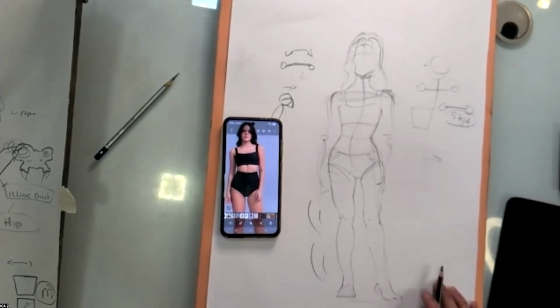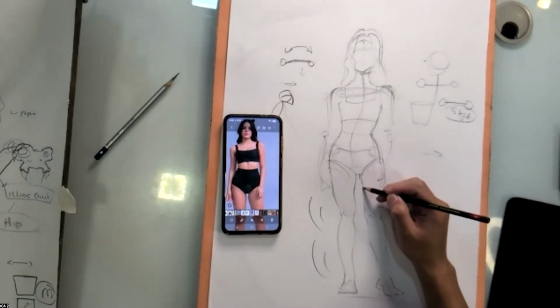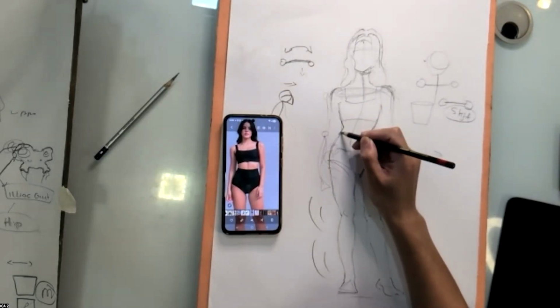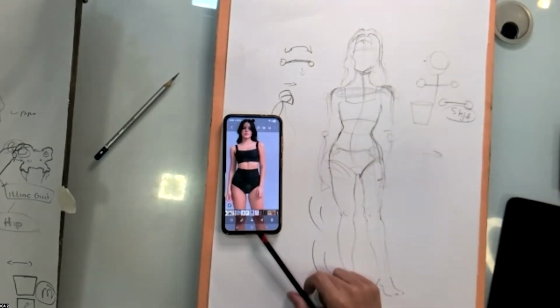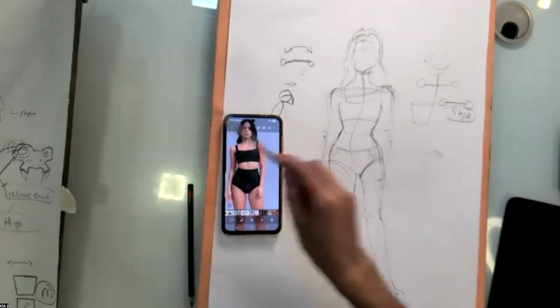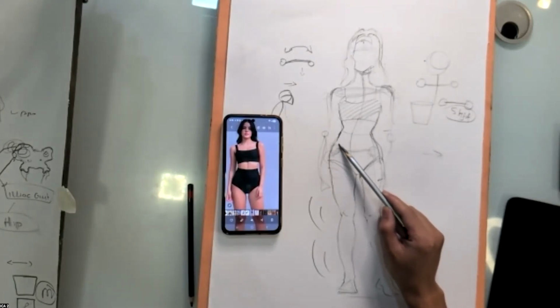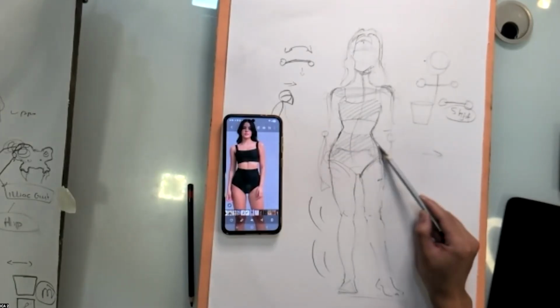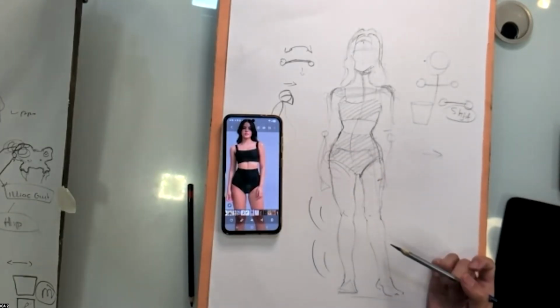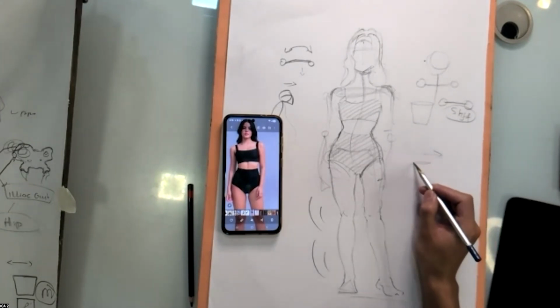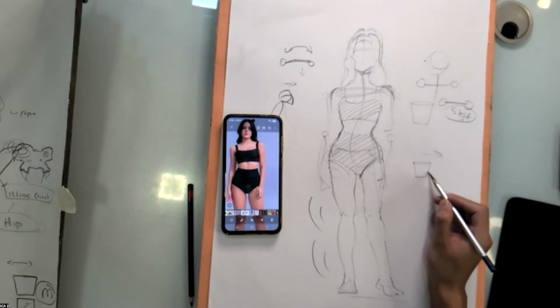Now, by simply looking at this, it will be easier to know that this structure I have here is that of a female. So it's very much important.